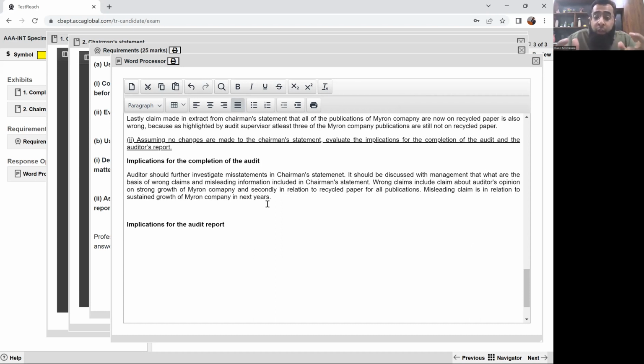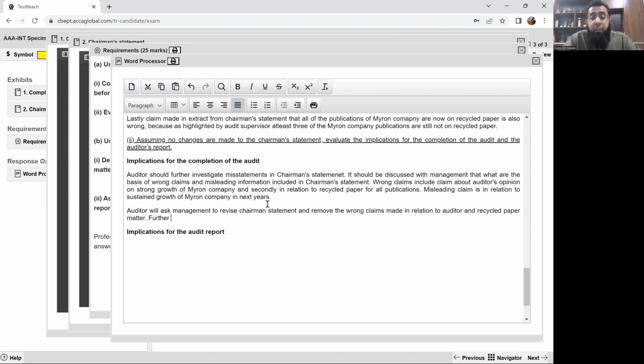Okay, so what are the implications for completion of the audit? So the auditor will investigate these misstatements first. Then the auditor will ask management to revise chairman's statement and remove the wrong claims made in relation to the auditor and the recycled paper issue.